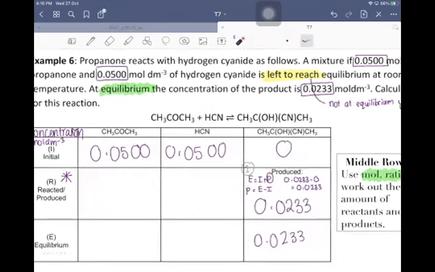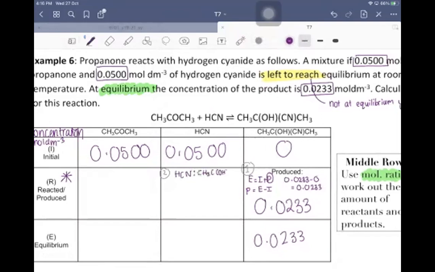I want to find HCN first. Again, there's no strict rule saying you have to find HCN first or you have to find the propanone first. Second step, I want to find the concentration of hydrogen cyanide reacted based on the amount of hydroxynitrile produced. Looking at the mole ratio, HCN has a mole ratio of 1:1 with the product.